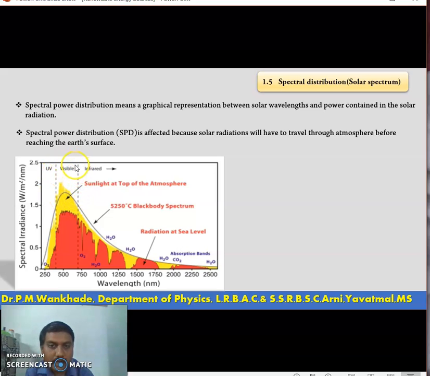That's why ultimately we are safe from ultraviolet radiation and infrared radiation, while the value of infrared radiation increases in summer. That's why we face heat problems, while the maximum spectral value is found to be in the visible region, and therefore we are quite safe.